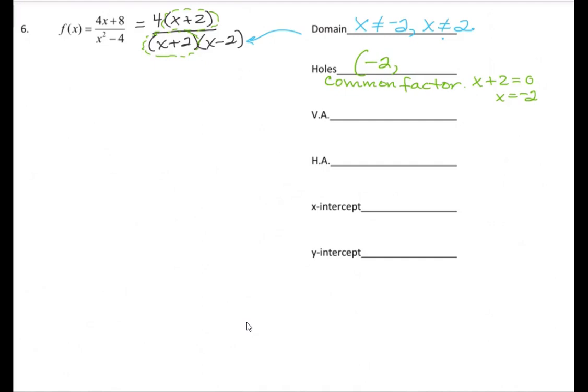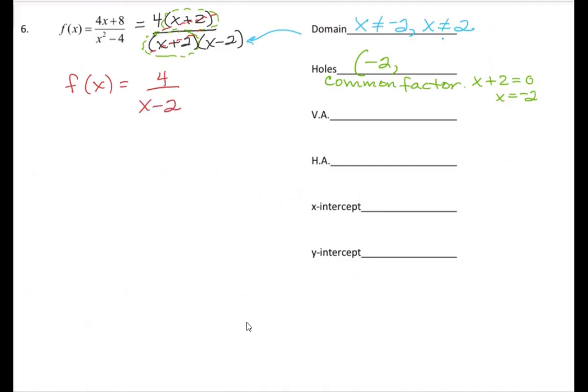Now remember that before I go to find the y value for that hole, I want to simplify my function. So I'm going to divide out this common x plus 2 in my numerator and denominator, which will leave me a simplified version of my function, 4 over x minus 2.